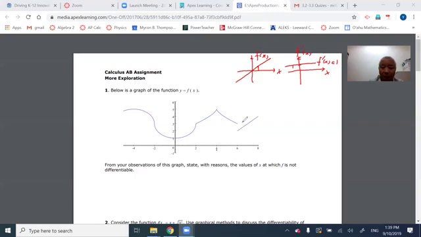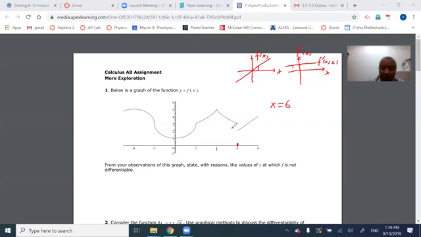Definitely here we know at x equals 6, that's not differentiable because it is not continuous. If it's not continuous, it's definitely not differentiable, because there's a gap there.